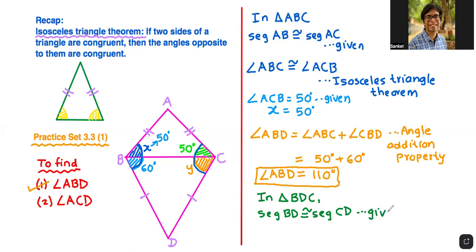It's given to me. Therefore, angle DBC is congruent to angle DCB. So these two angles are congruent. Write the reason as isosceles triangle theorem.